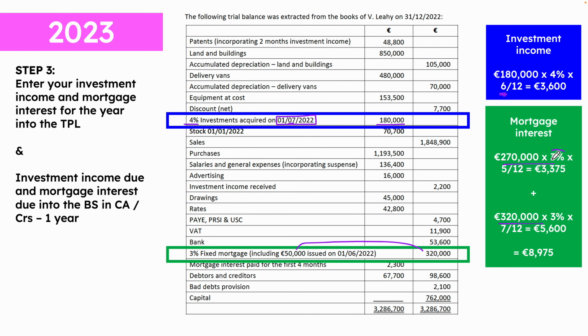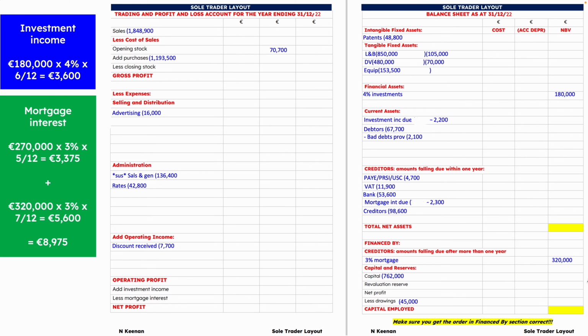We're multiplying both of them by 3%. The first 5 months of the year we had the 270, and then the last 7 months of the year we had 320. So you multiply them both out and you tot them up and you get 8,975 mortgage interest. So you can just do this workings on the face of your accounts.